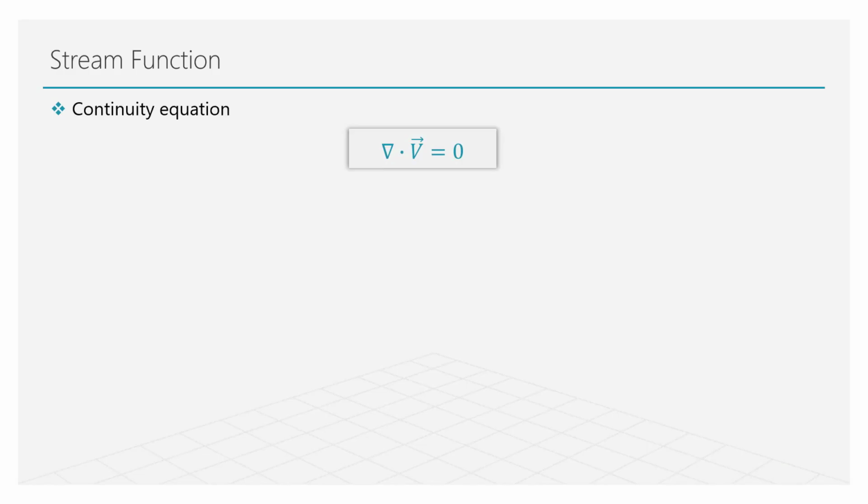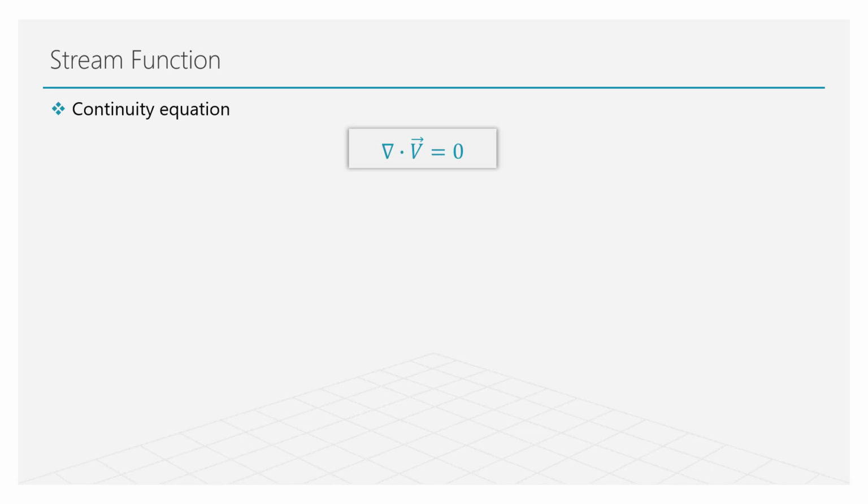Till now, we have discussed the potential flows from the standpoint of the velocity potential. We will now introduce another function that comes in handy when deriving the analytical solutions of the potential flow equations. Let us now recall the continuity equation for the incompressible flows.